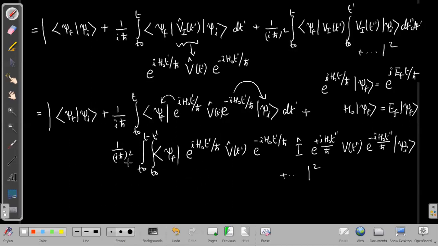Now, in the third term, I have purposefully introduced an identity here. That identity can be written as the sum over n of |ψ_n⟩⟨ψ_n|.